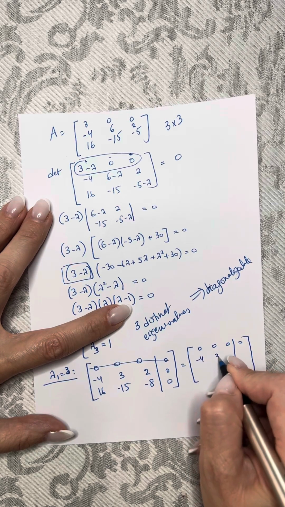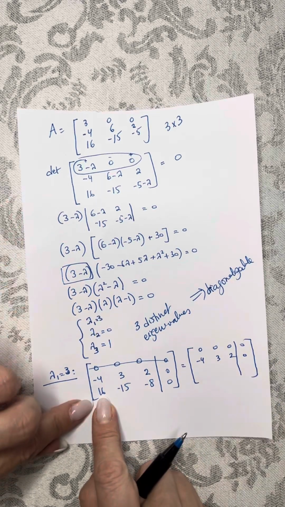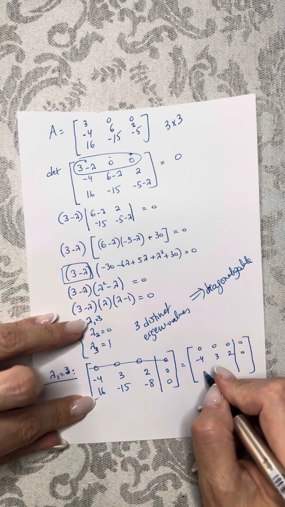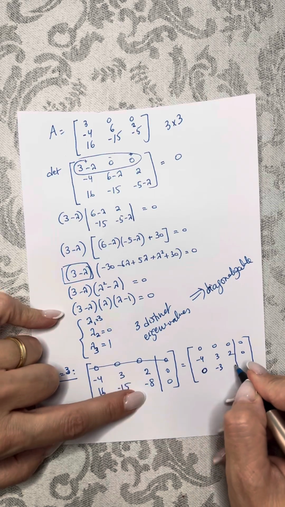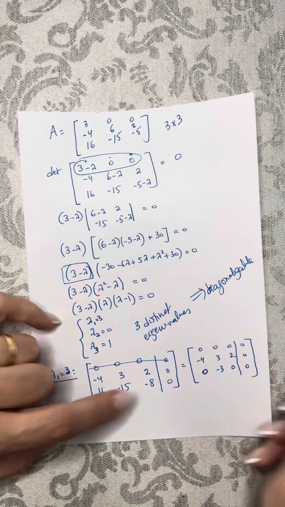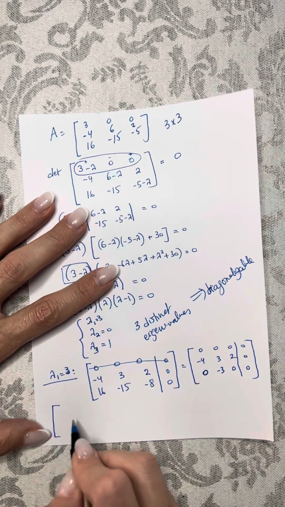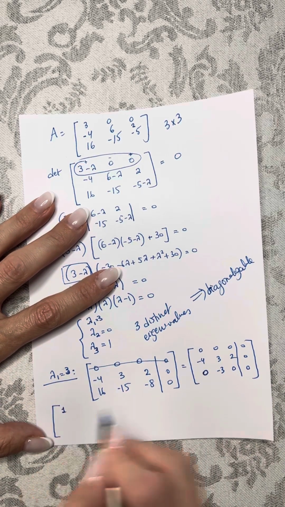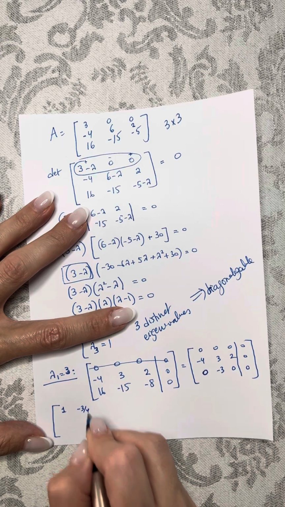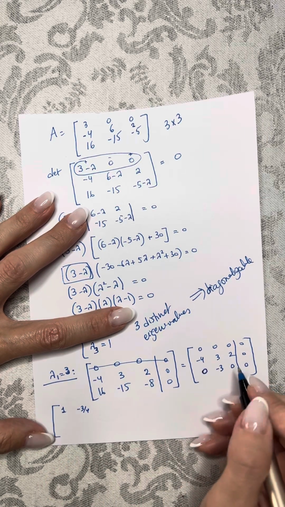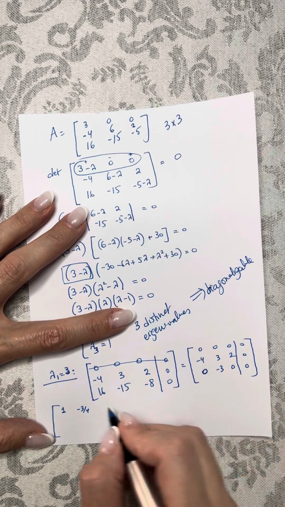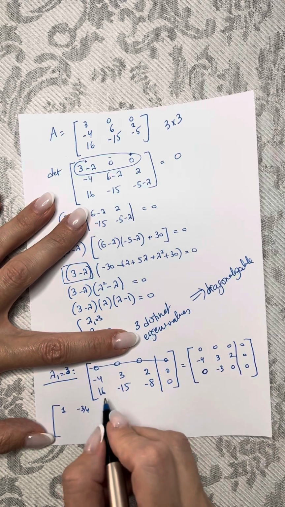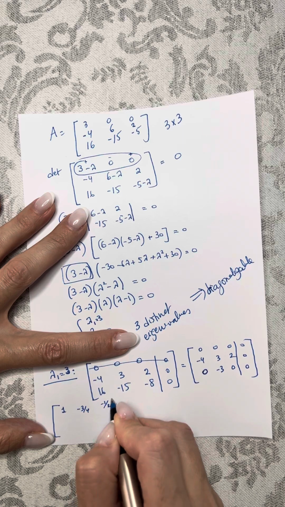So keep it minus 4, 3, 2, 0. Eliminate this, multiply that by 4 and add. You get 0, 12 minus 15, 8 minus 8. And now divide by 1 and change by minus 4. So we get minus 3 over 4. 2 divided by minus 4 is minus half.